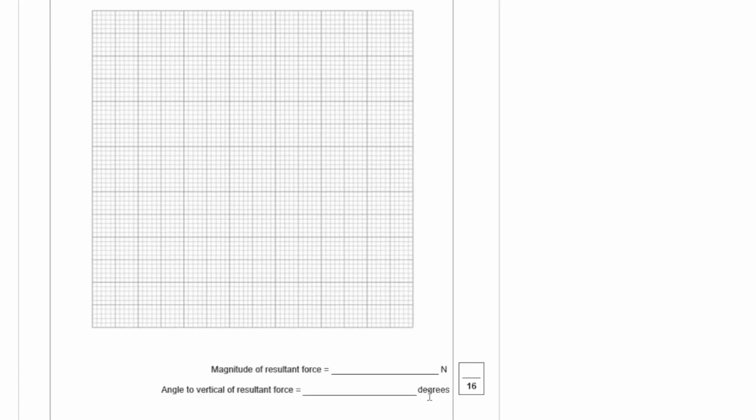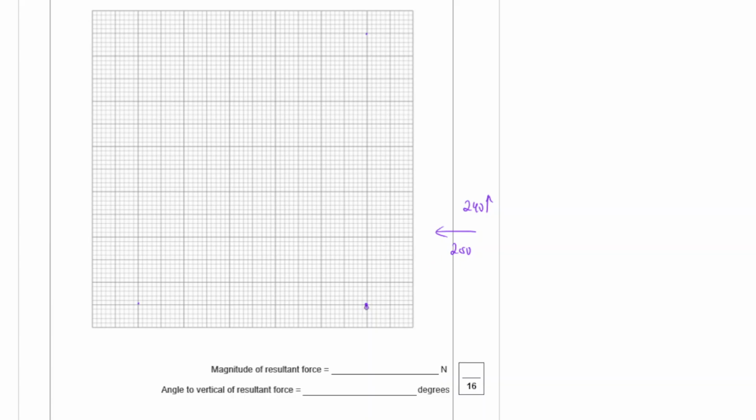Right, so I start here. I need to go up 240 and to the left 200 Newton.